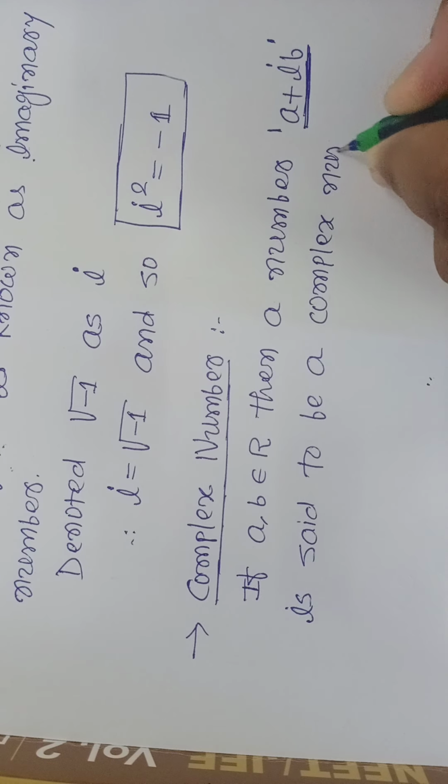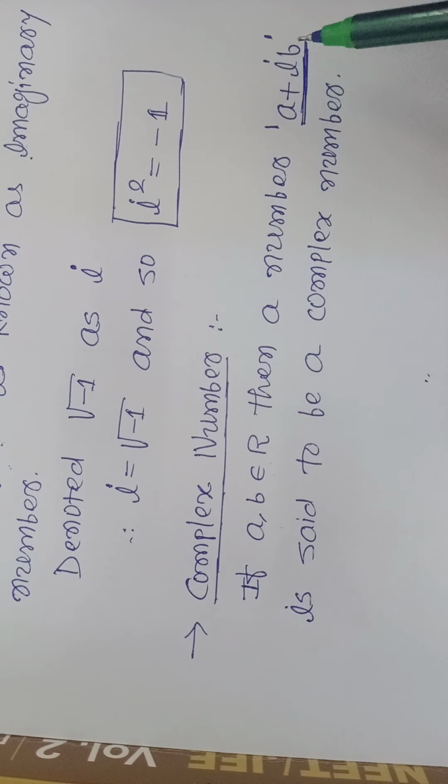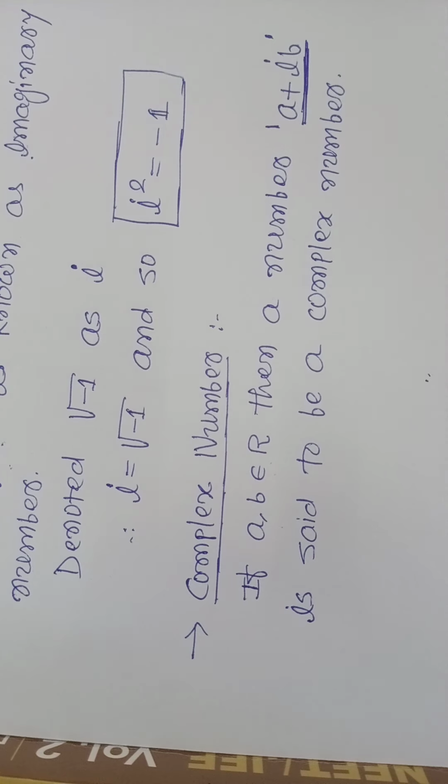So what is a complex number? A complex number is actually a combination of two real numbers a and b, where b is multiplied with i, and you know that now i square is minus 1. But let me take several examples to understand that.